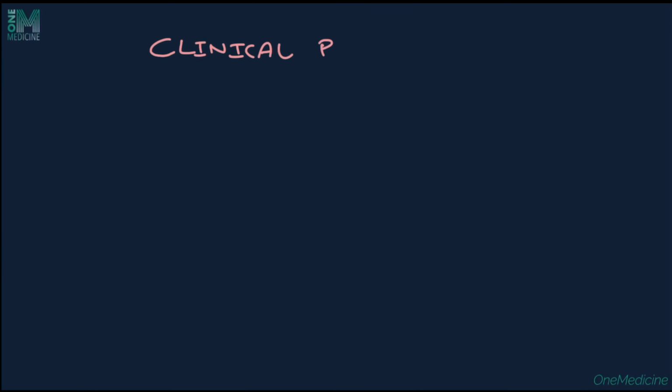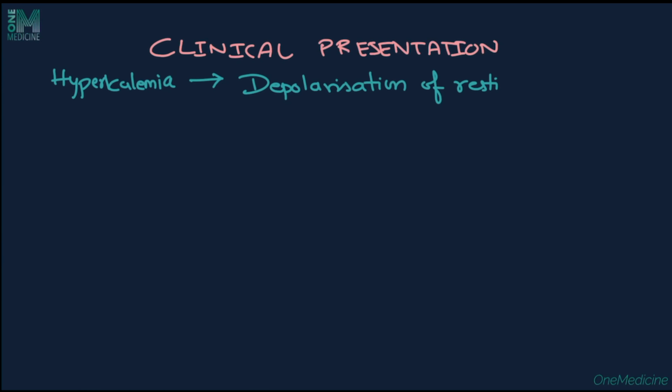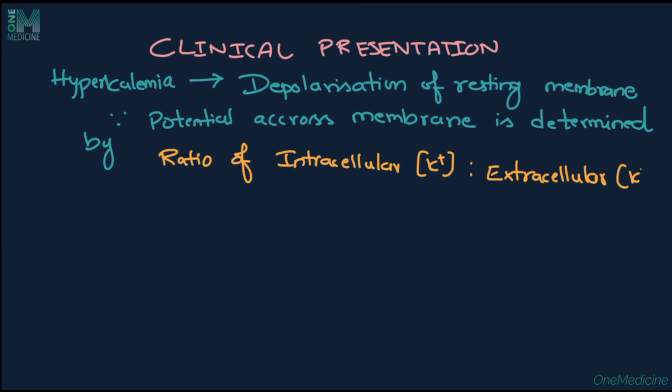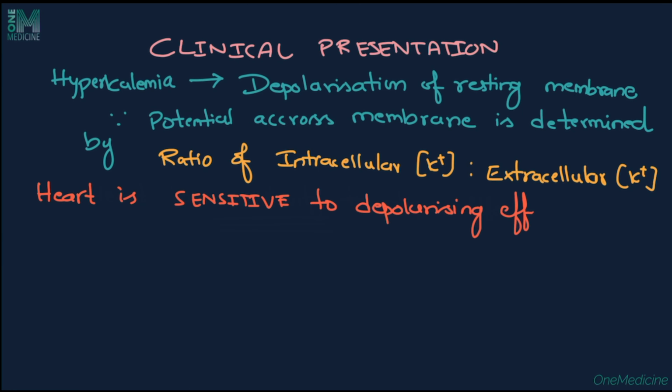Clinical presentation of hyperkalemia. Hyperkalemia leads to depolarization of the resting membrane because the potential across the membranes is in part determined by the ratio of intracellular to extracellular potassium. The heart is particularly sensitive to this depolarizing effect.